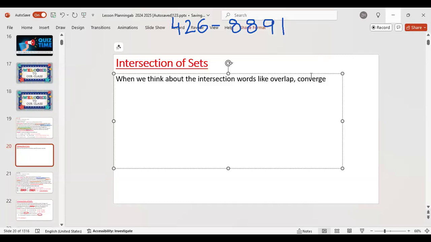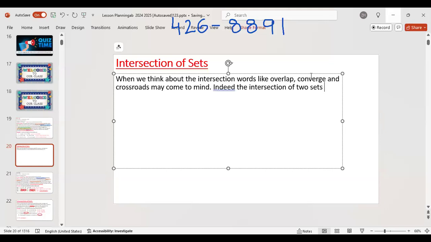We don't want to use combine because you might mix that up with union. Overlap, converge, meet, and crossroads may come to mind. Convergence, very good.